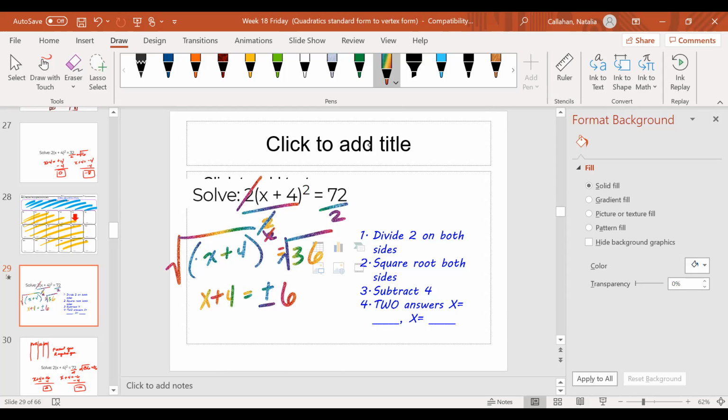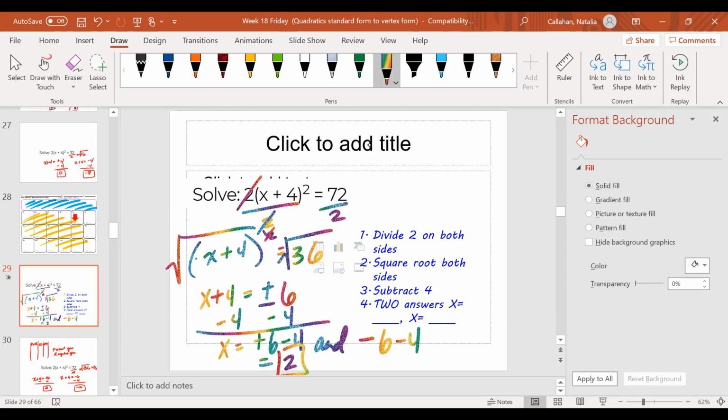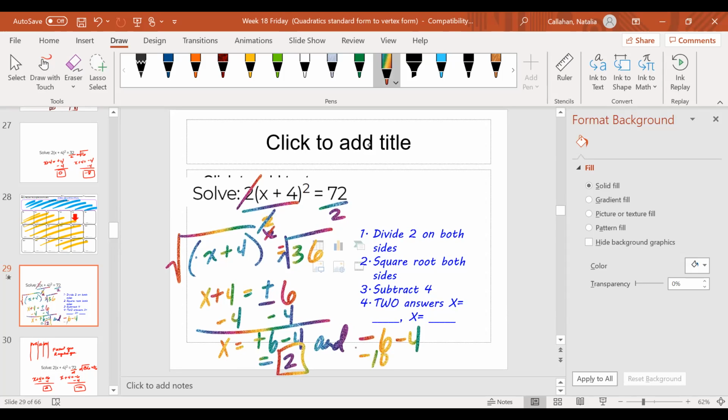After that, you're going to subtract 4 on both sides. So you have 2 answers. One is positive 6 minus 4 and the other is negative 6 minus 4. So what are your 2 answers? 2 is your first one. Negative 10 is your second one.